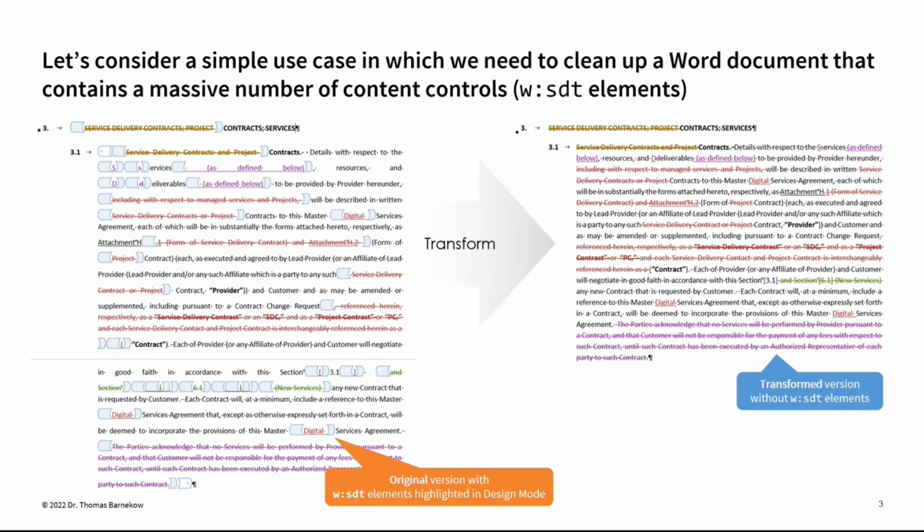So the desire was to transform the documents that came in this form into a cleaner form that did not have those content controls, which you can see here by those markup icons. The task was to transform this document from the left form into the right form.